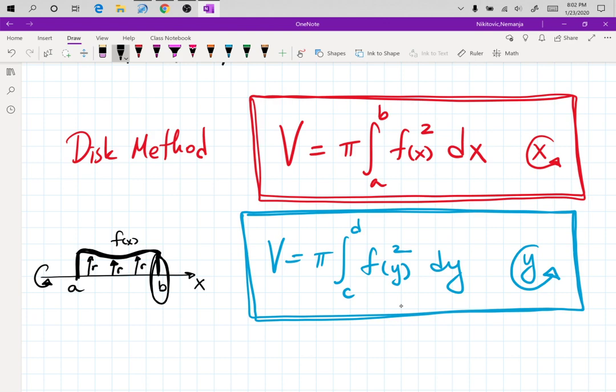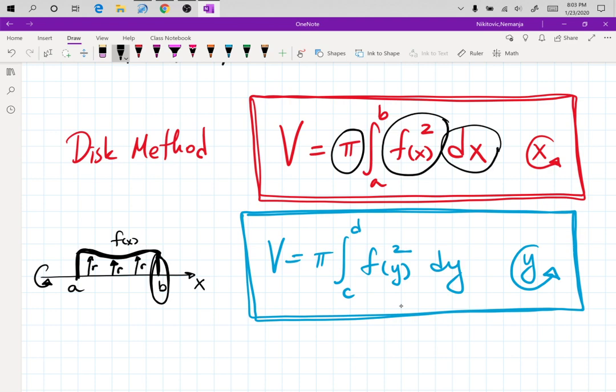Now, what's the area of the circle? Pi r squared, you say? I know, right? And then we need to do what? Multiply by the height of the object? Well, that's this dx. What's the integral of dx?